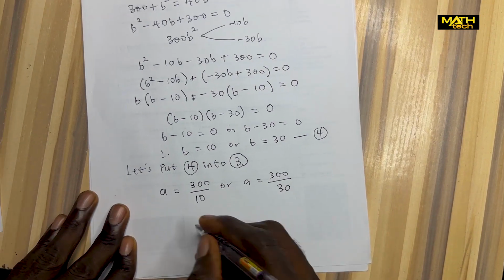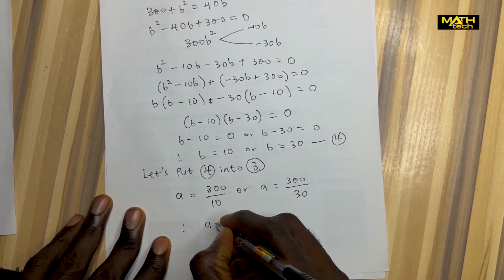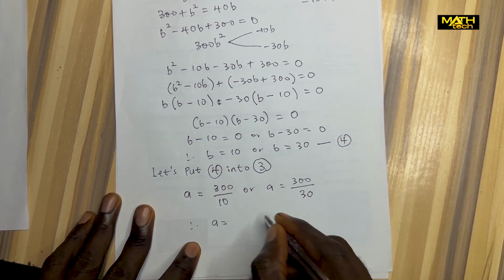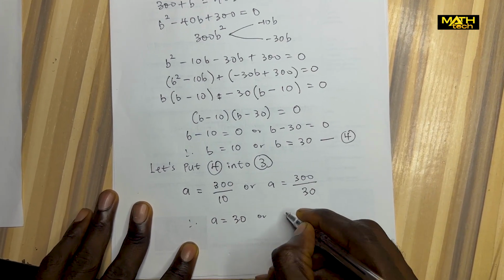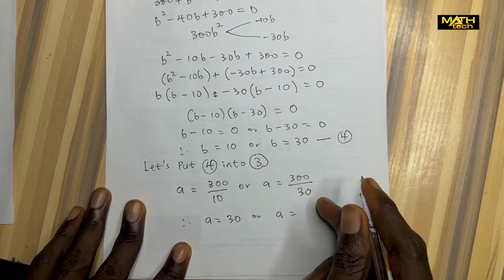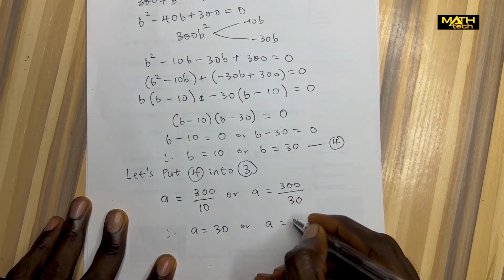So therefore also our a will be equal to 300 over 10 gives us 30, or our a will be equal to 300 divided by 30 gives us what?